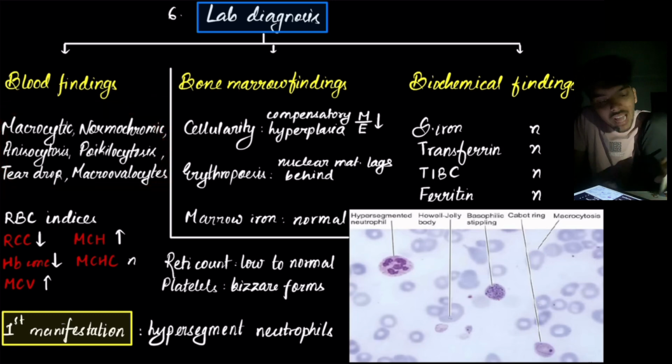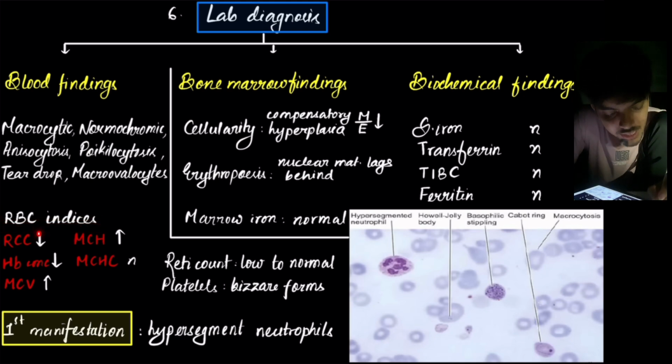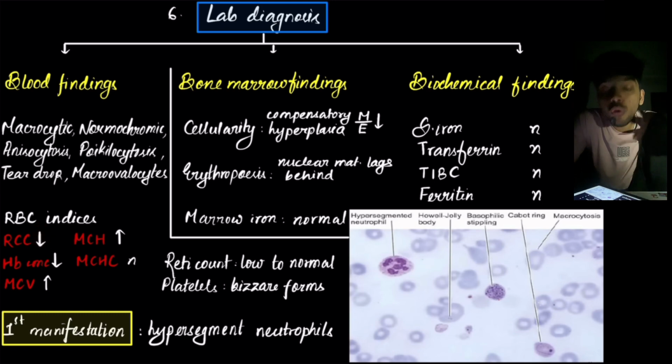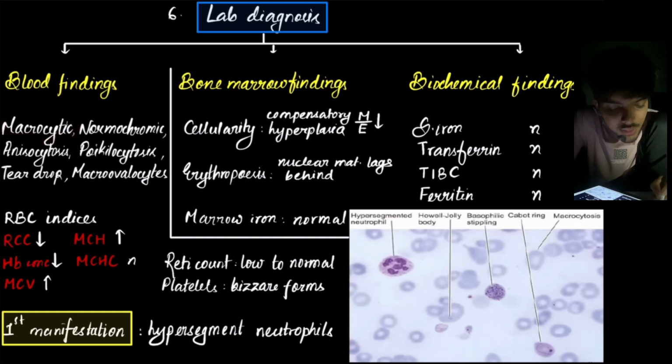Then you have your various RBC indices. In RBC indices, the number of red cells decreases. Hemoglobin concentration throughout your body decreases. Since the cells are macrocytic, obviously the mean corpuscular volume is greater than normal. The mean corpuscular hemoglobin is greater than normal. Mean corpuscular hemoglobin concentration is normal.